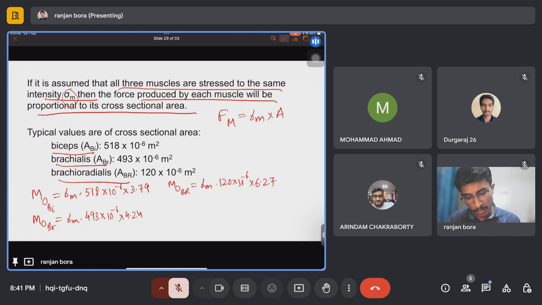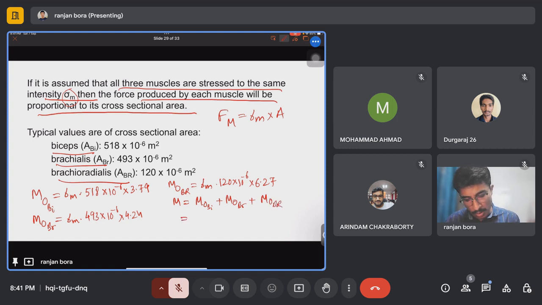So what will be the total moment produced by all these three muscles? It will be the summation of biceps plus brachialis plus brachioradialis.